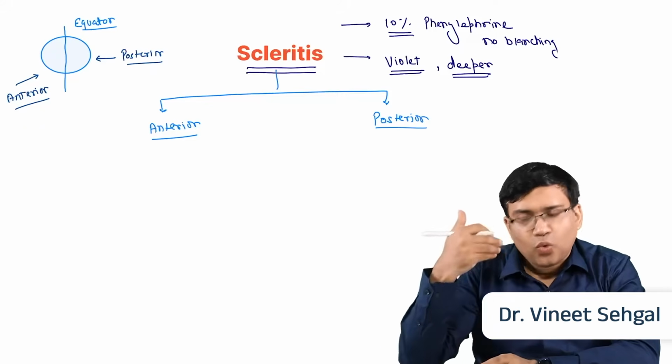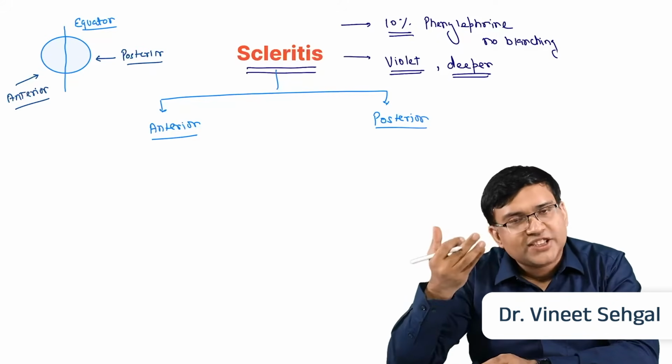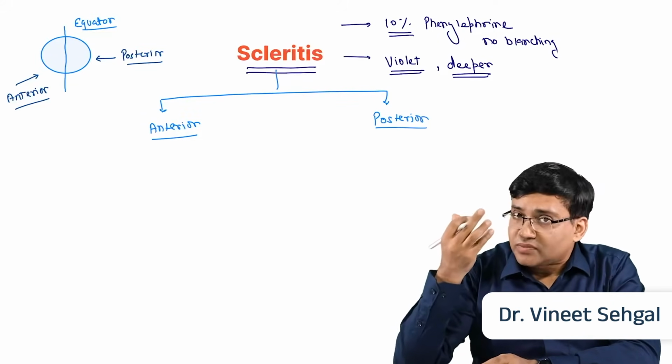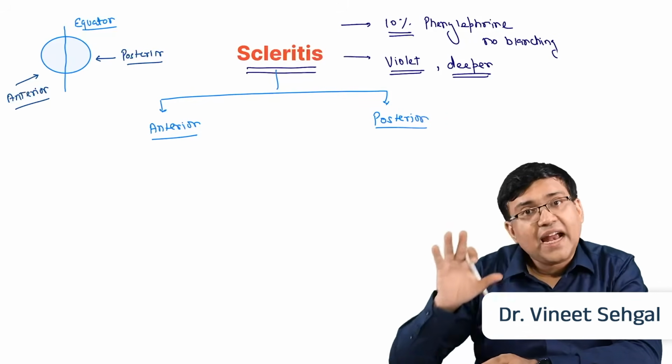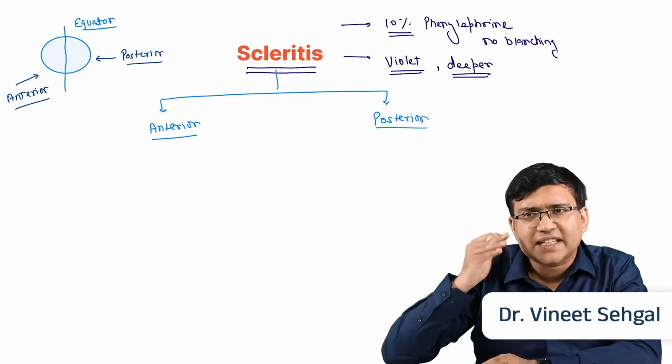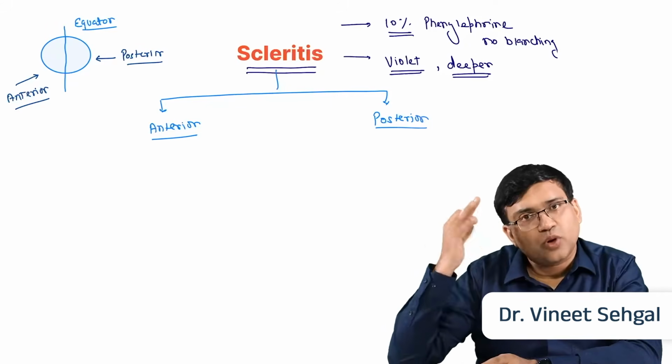Now, whatever I have told you, violaceous hue, there is a deep vascular plexus involved, so that we can see only in the anterior scleritis, because in posterior scleritis you cannot basically see the posterior sclera.